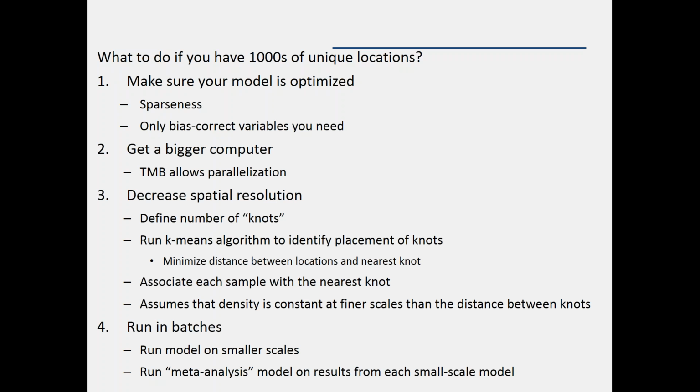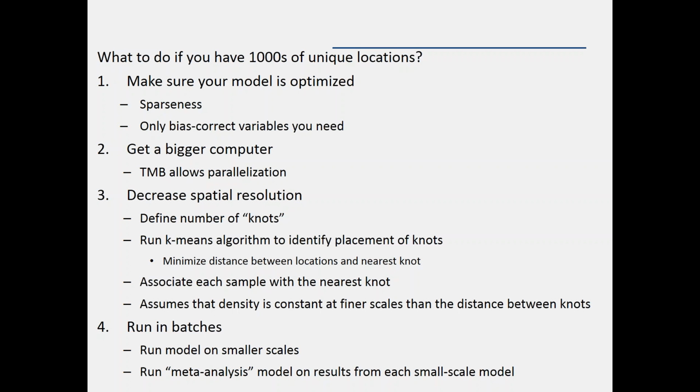At different times we've talked about different strategies to scale up your model, and this is the best set of advice I could come up with. The most obvious one is to make sure your model is as good as it can be for your task. In some cases that means developing multiple versions and testing them on the types of data that you have, because the sparseness of a model governs how fast it runs to a large extent.